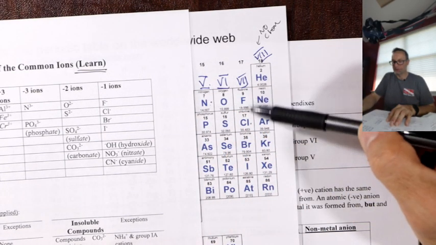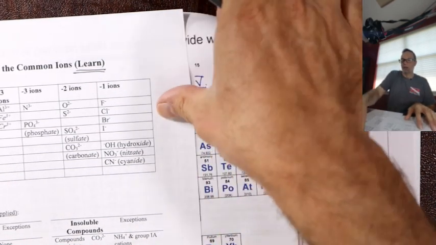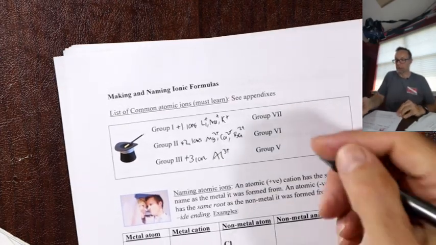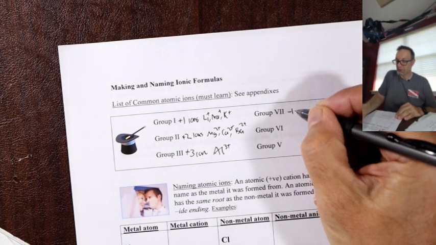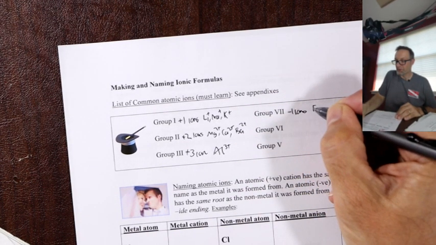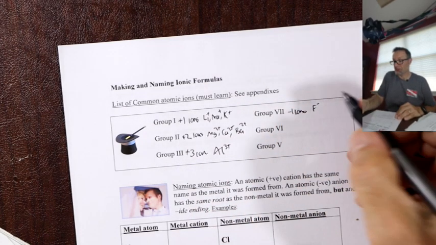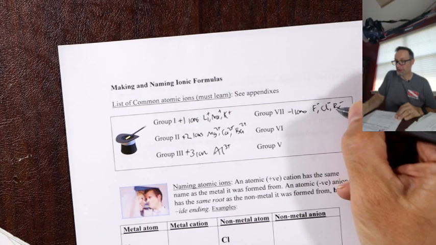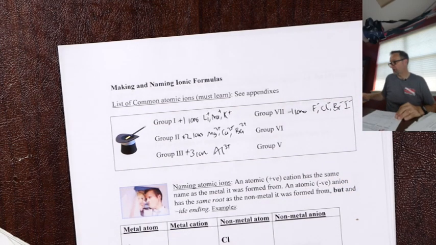So these guys are all here, okay? So column 7 makes a -1 ion, all right? 5, 6, 7, -1 ions. So F- is fluoride. Minus ions change their name from the atom. Chloride, bromide, and iodide. Those are on our list to learn.